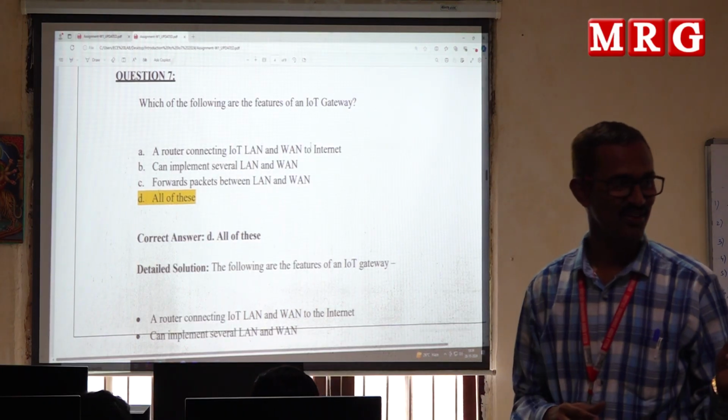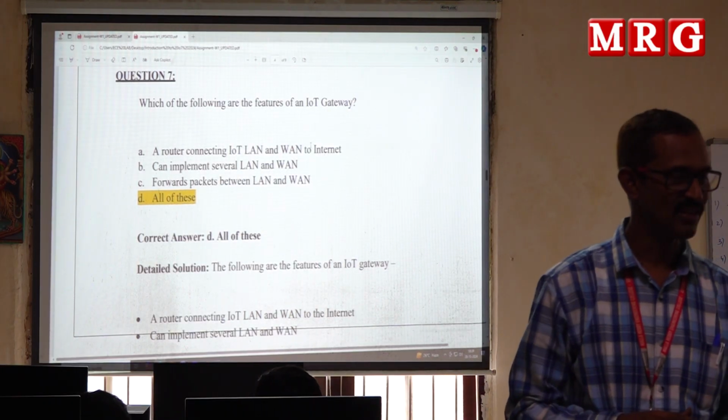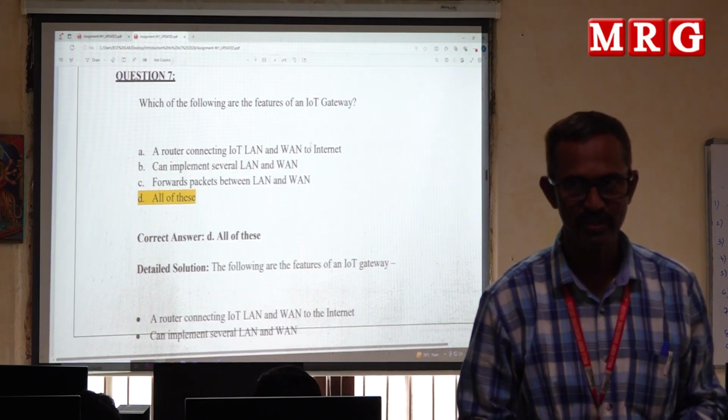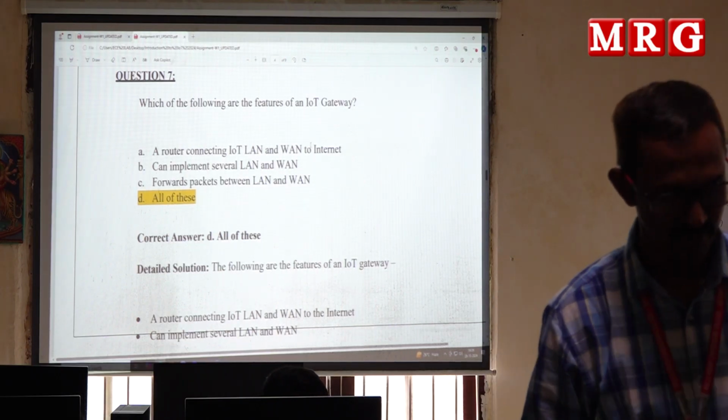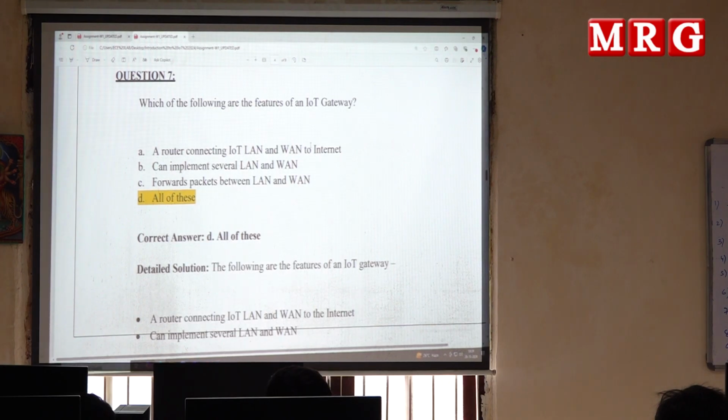Another question has come. Just now I was telling you about the IoT gateway. You can answer now. Look at the options. Just now I told you 2 points on the IoT gateway. Connecting IoT LAN and WAN to the internet. I already told you, we are connecting LAN to WAN. Local area networks, we are extending to wide area networks. You can implement several LANs and WANs.